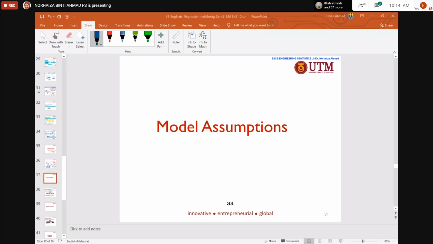That you can check using goodness of fit test, or using some plots. But for simple linear regression, the assumption is slightly different. So you need to check whether the model assumption holds. Barulah all your test and confidence interval that you have done before is valid. Okay, so that is what we can do.